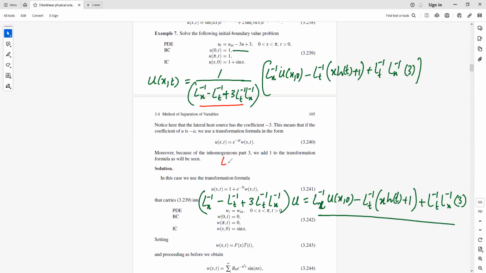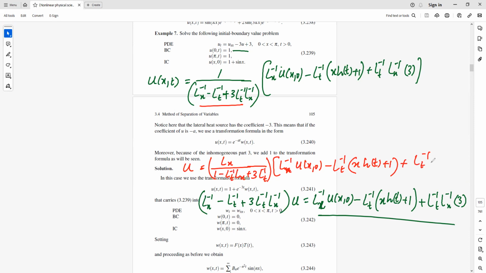This becomes Lx over 1 minus Lt inverse Lx plus 3 Lt inverse, U equals, applied on this, Lx inverse U_x(x,0) minus Lt inverse x h(t) plus 1 plus Lt inverse Lx inverse applied on 3.